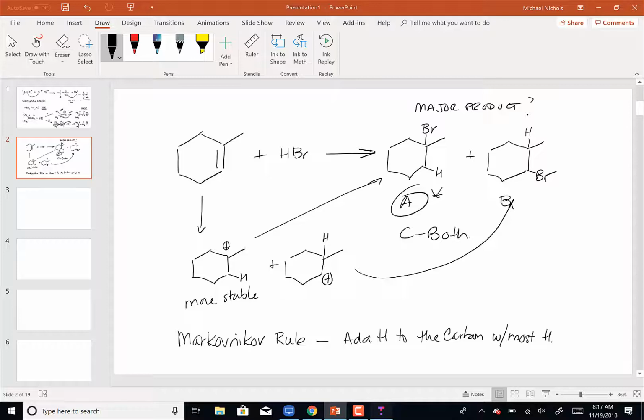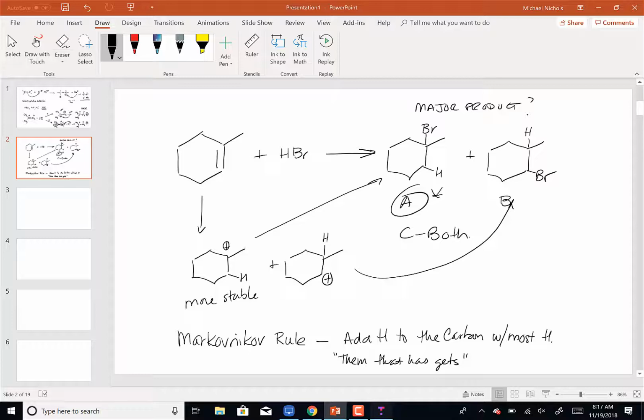I'm going to sort of broaden that out, but that is technically Markovnikov's rule. So you add the hydrogen to the carbon with the most hydrogens. I think that can be summarized as: them that has gets. The carbon with the hydrogen gets the hydrogen.